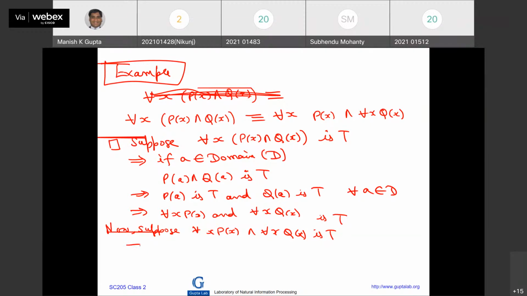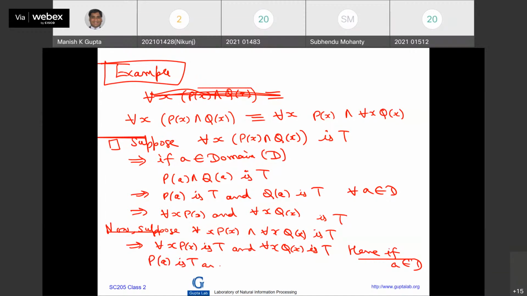This implies that for every x, P(x) is true, and for every x, Q(x) is true. Hence, if a belongs to D, a is an element in D, we have P(a) is true and Q(a) is true.